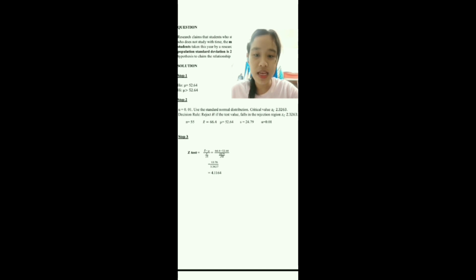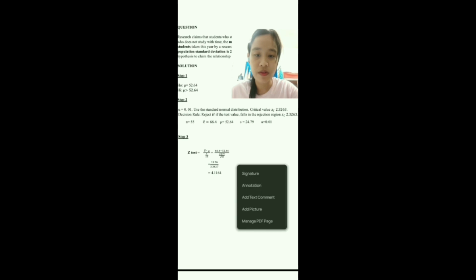So just plug in x, which is 66.4, minus mean 52.64, divided by 24.79, which is the standard deviation, divided by square root of sample 55.